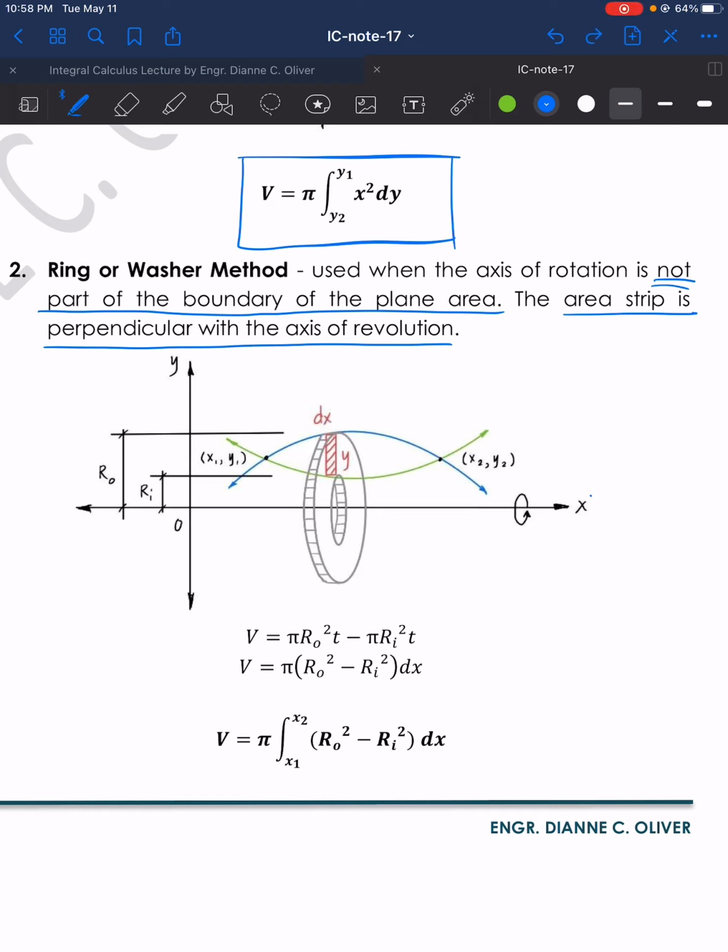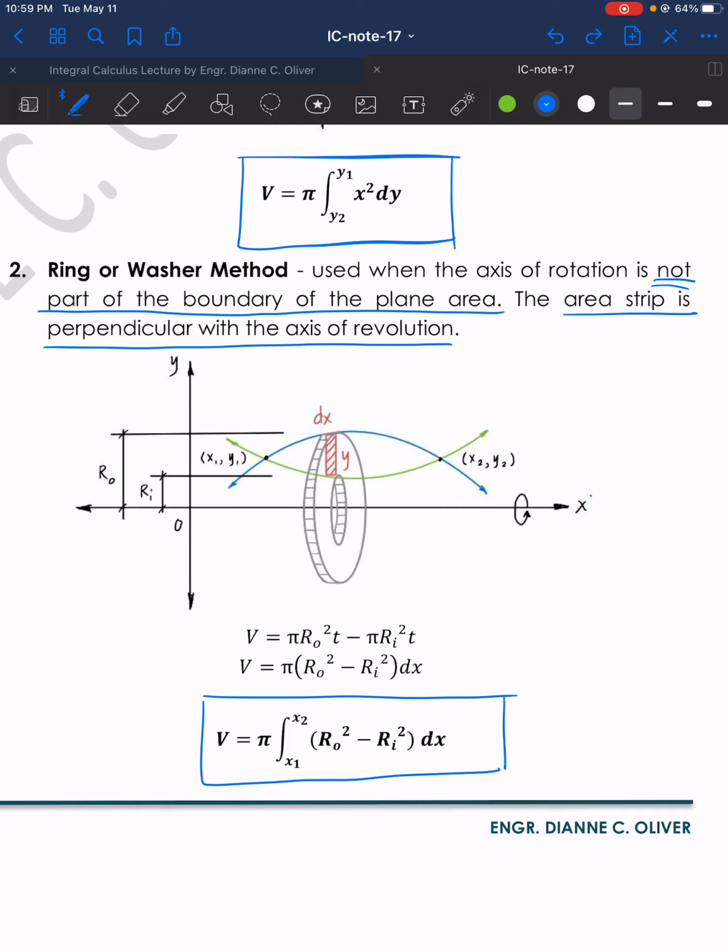Now, using integration to get the volume of the washer, we have volume is equal to pi integral of r outside squared minus r inside squared dx from x1 to x2. Because we're using dx, the limits are x. And the lower limit is always lower in value compared with the upper limit.